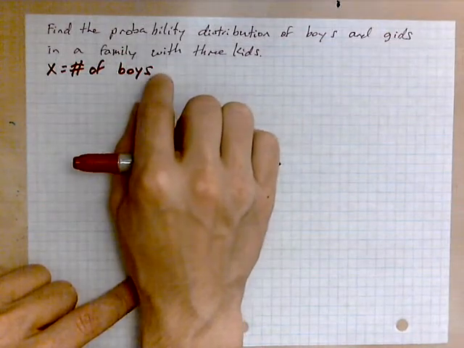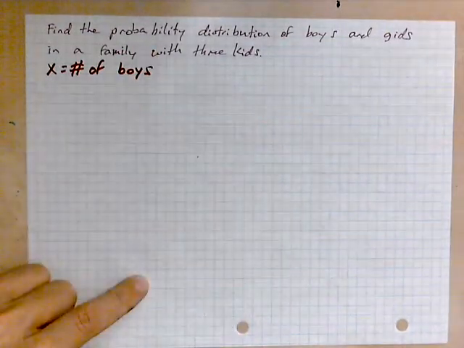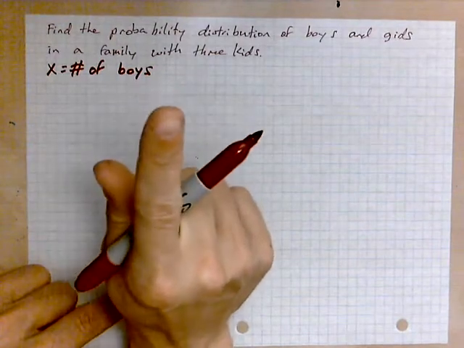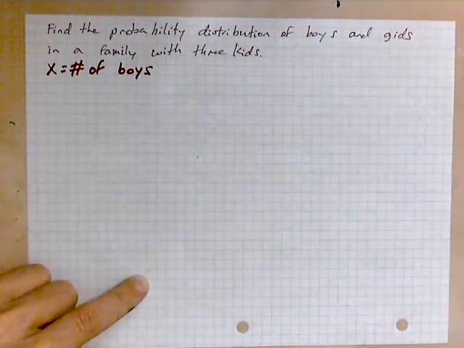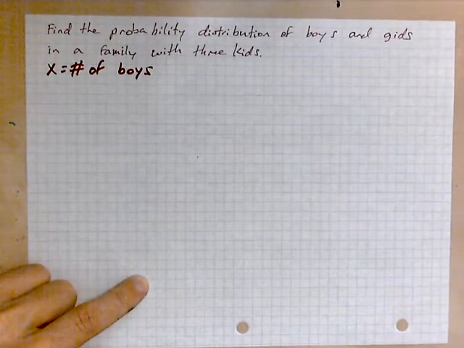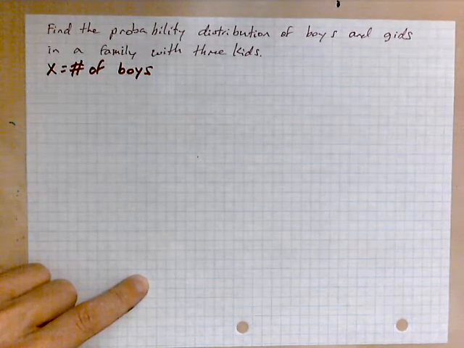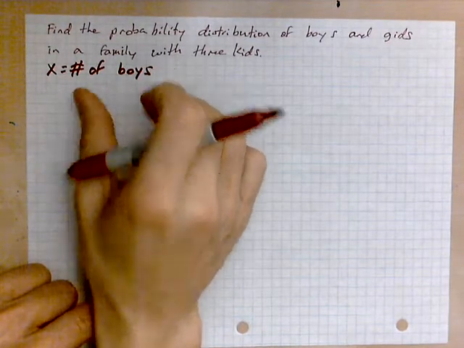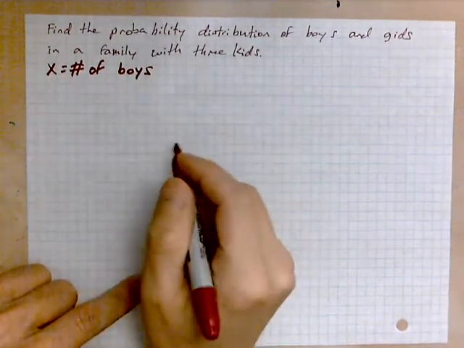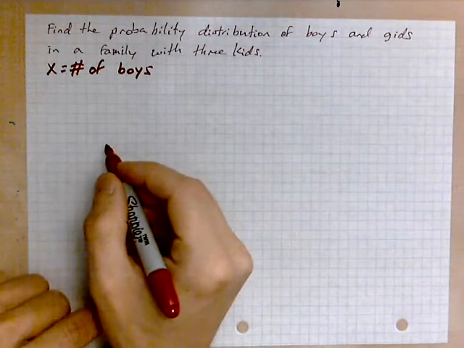Okay? So what are the possible values for this random variable, number of boys? Well, let's think about it carefully. You can have 3 girls and no boys, or 2 girls and 1 boy, or 2 boys and 1 girl, or 3 boys and no girls.